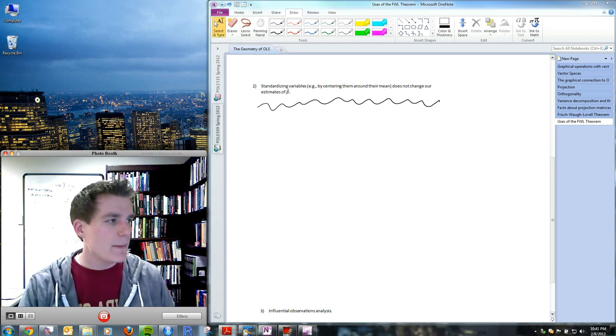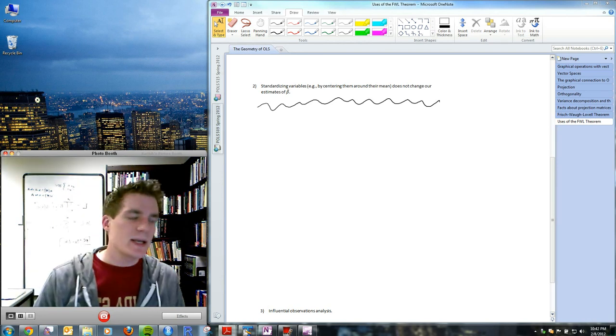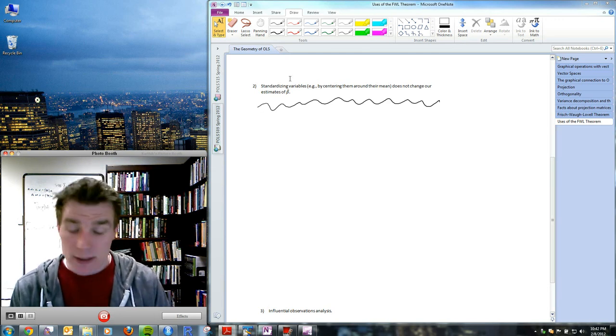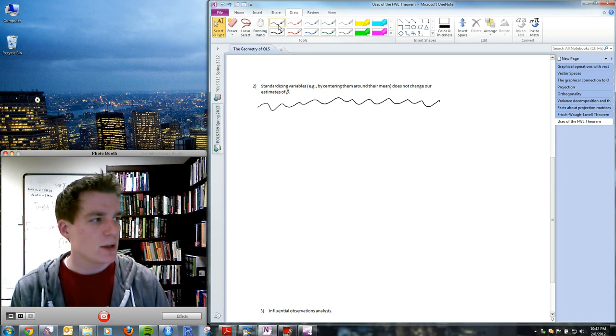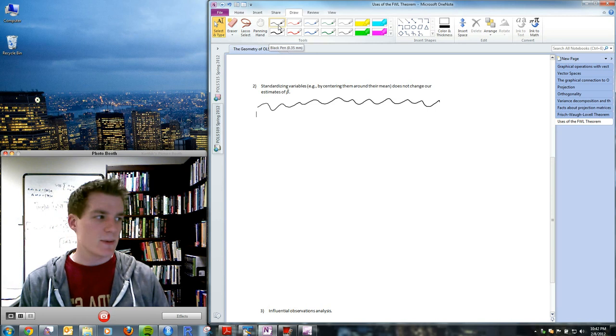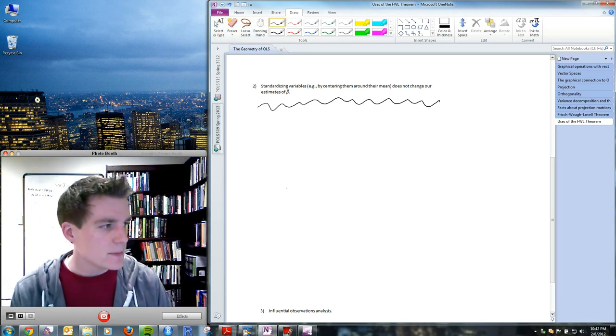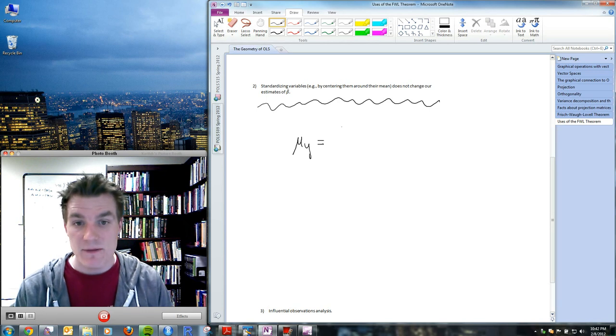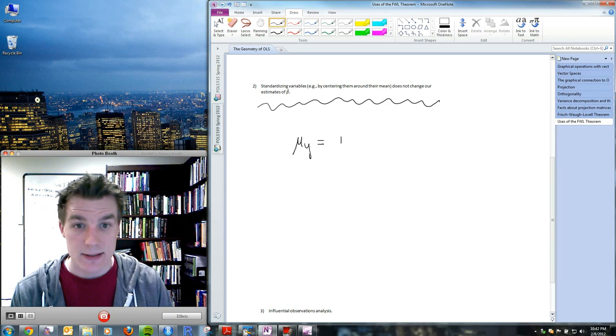The key idea here is that demeaning or centering variables is equivalent to running a regression of a variable against a constant, which is something we talked about in an earlier class. So, for example, if I want the mean of some variable y, I can get that out of a regression of y against a constant.